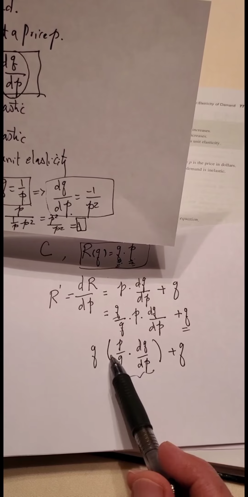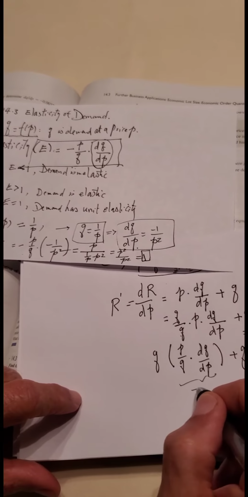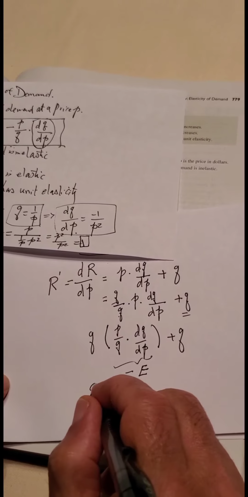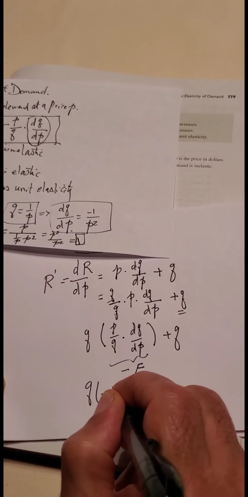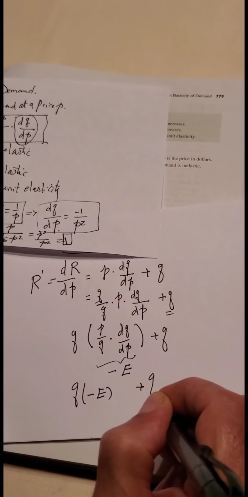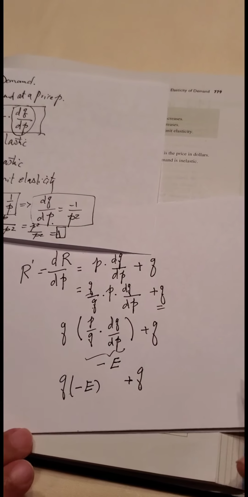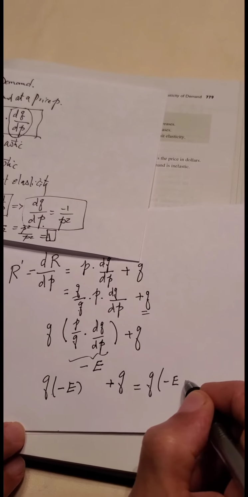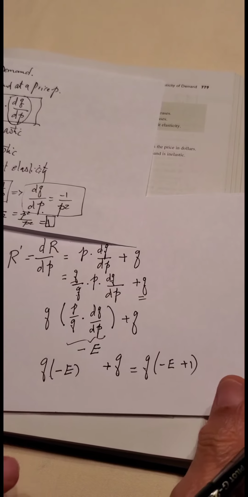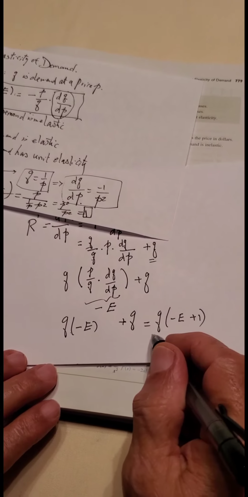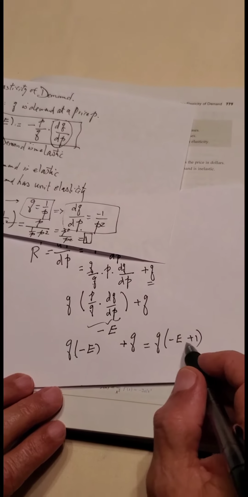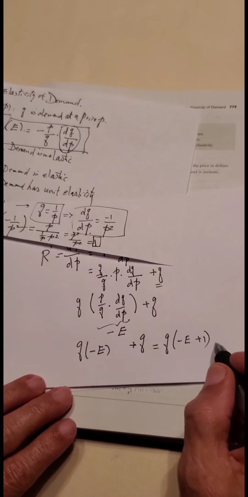Since you don't have it, you multiply this by negative, and that would be negative E. So this is negative E. Therefore, what you have is Q times negative E plus Q. And they both have Q in common, so you can take the Q out. Negative E plus 1 is what you have inside the parentheses, and Q is called the common factor. You can write this as 1 minus E for simplicity.